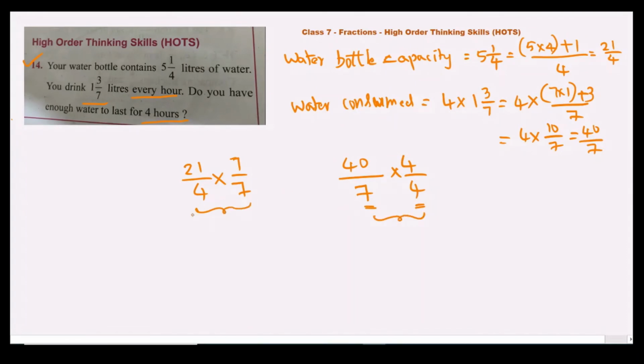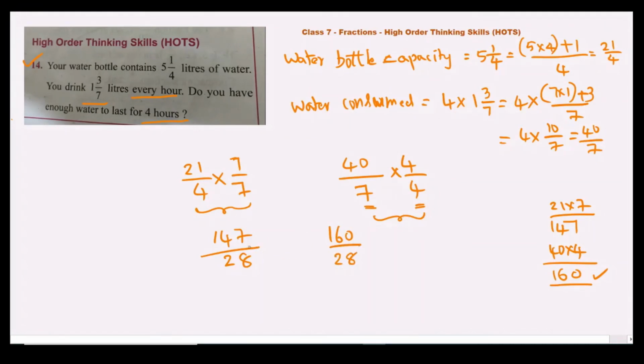So this becomes 21 into 7, how much? 7 ones are 7, 7 twos are 14, this is 147 by 4 into 7, which is 28. Here 40 into 4 is how much? 40 into 4 is 160, so this is 160 by 28.